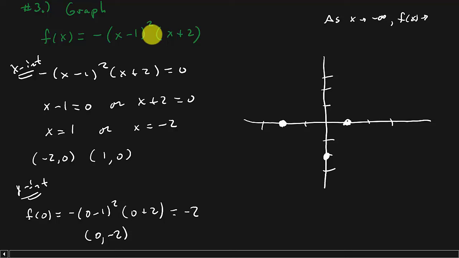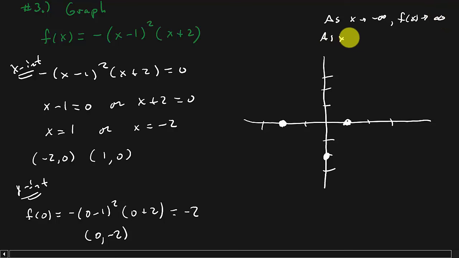Okay, so the degree of this function here is 3, because if we take x minus 1 squared and multiply that out, we're going to have an x squared. And then when we multiply it by this term, that's going to give us an x cubed. So x cubed raised to a negative number is negative. And then we've got the negative out in front here, which is going to make it positive. So f of x would go to infinity.